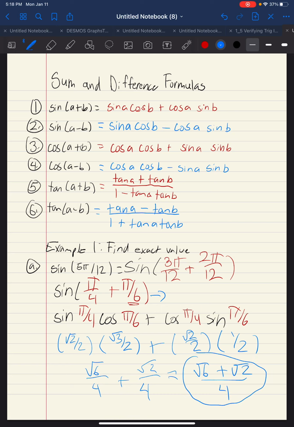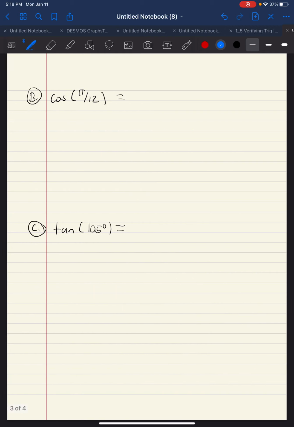Now you can see how the sum and difference formula helps us achieve something that we couldn't achieve without a calculator. So let's continue on to example B, which is cosine of pi over 12. And we're going to do the same thing. I want to split it up again because this can't be solved without using a calculator for now.